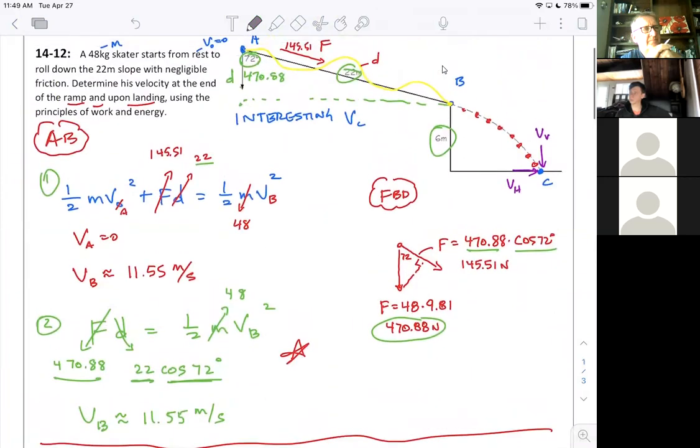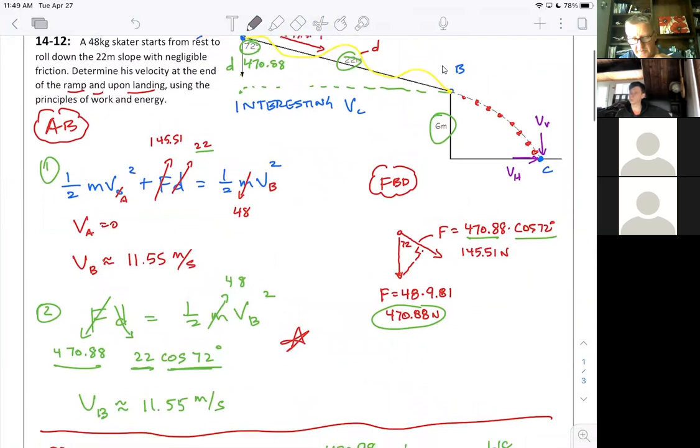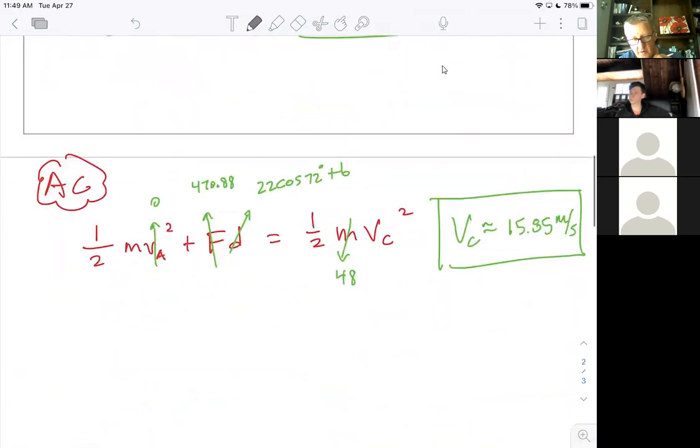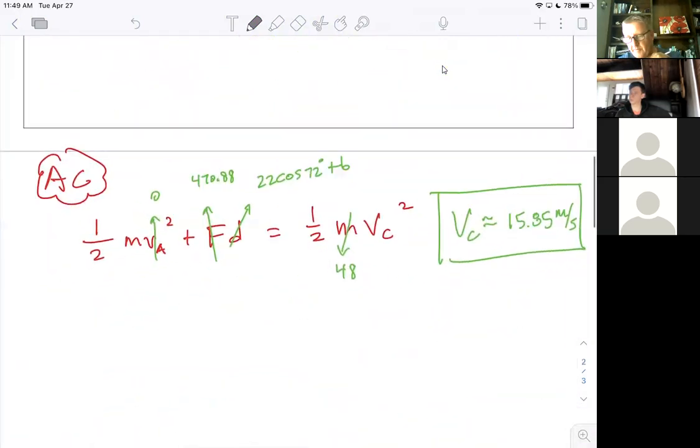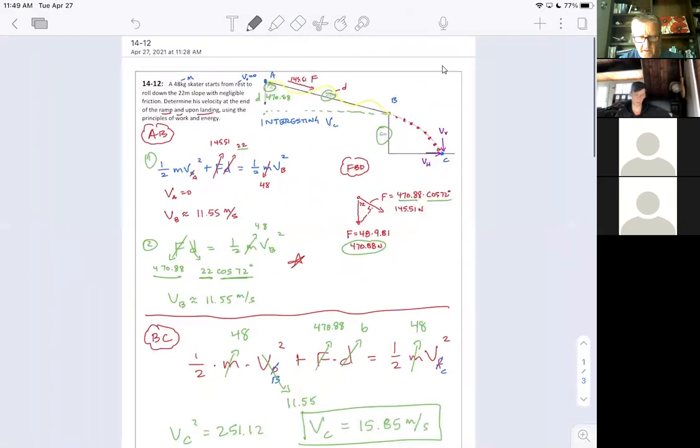So it's nothing new. It just saved us an incredible amount of time. If our only goal was to find the velocity at C, we just did that really quickly using principles of work and energy. So cool. Any thoughts, comments on that?